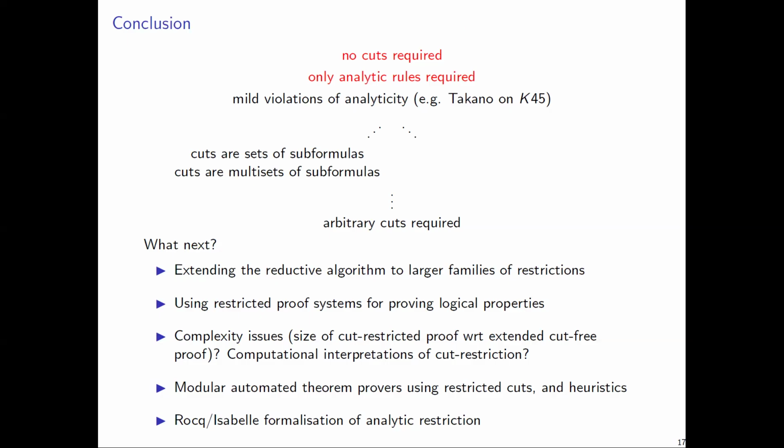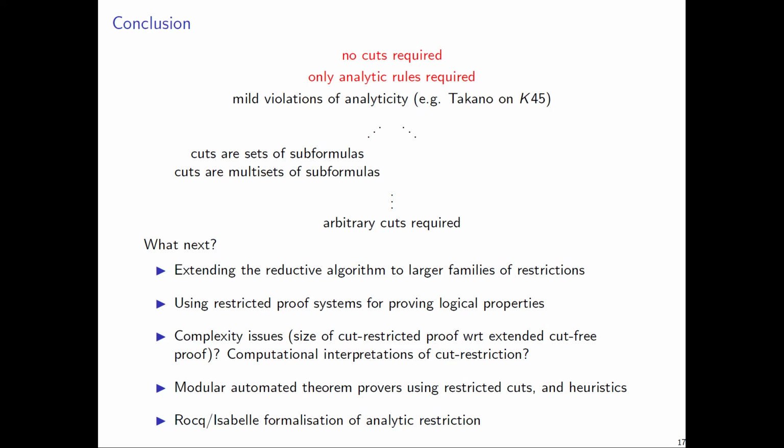Because you can't say anything about that product, right? It's arbitrary products in a substructural logic. And then this is the case where arbitrary cuts are required. And we would like this red to come and extend to be able to do restriction arguments for all of these up to there. So that's extending the reductive argument.